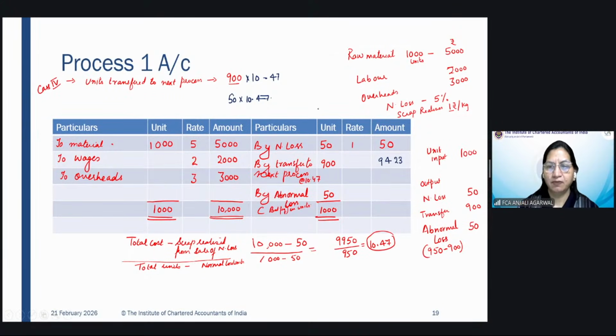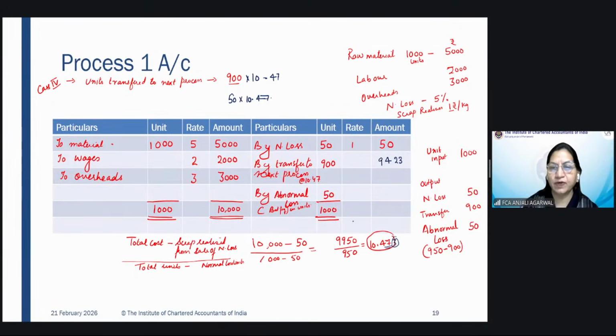Now remember, the next digit here was 9473. So I have rounded off till 2 decimals. But if you multiply 900 also by 10.47 and 50 also by 10.47, your total for the amount will not match. It will be slightly different.